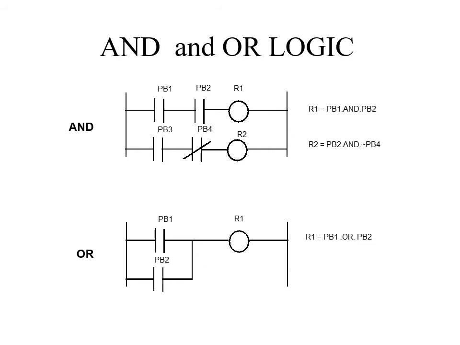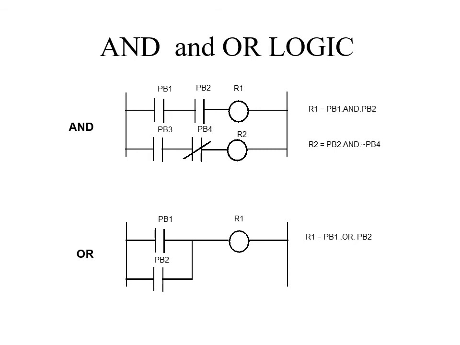As compared to the OR, in the second image, PB1 and PB2 are connected in parallel. So turning on either PB1 or PB2 will turn the coil R1 on. So you see the difference between AND and OR. For AND, both must be on, and for OR, just one would suffice.